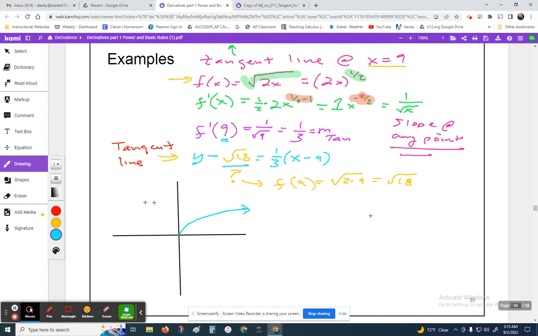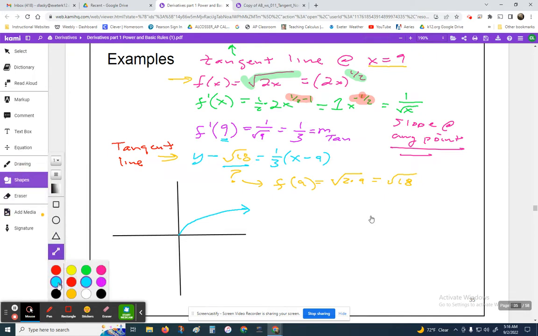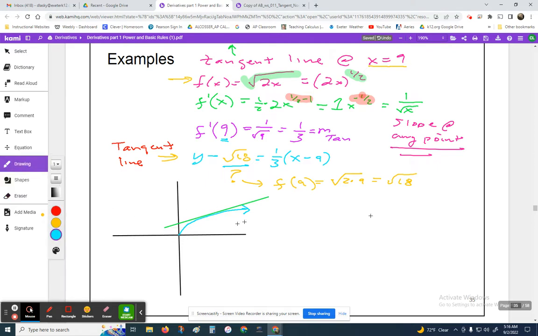And so what we're saying is that the tangent line, back to this here, the tangent line, which is this, at 9, does that.